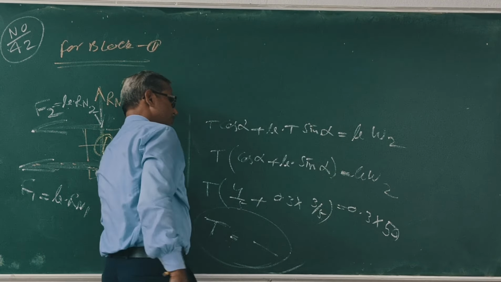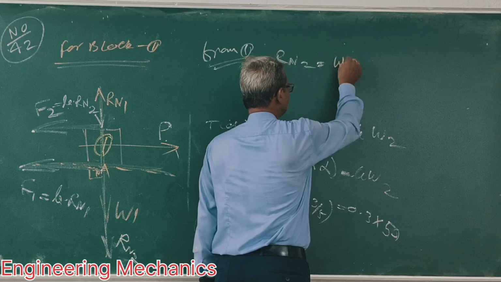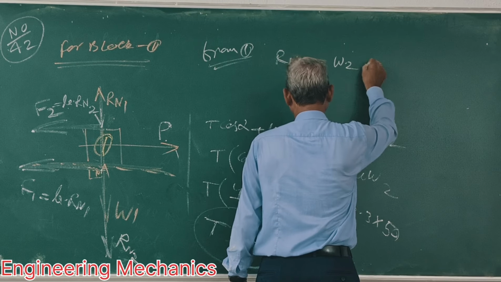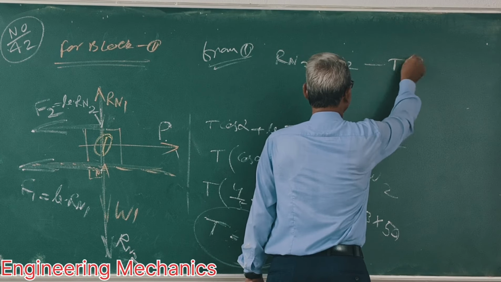Tell me what is equation 1. Equation 1 is Rn2 is equal to W2 minus T sin alpha. Clear? So put in the value of T. This is the value of Rn2. Clear?